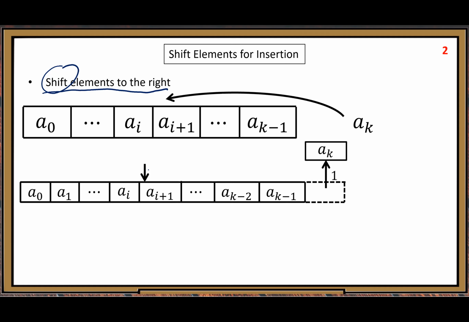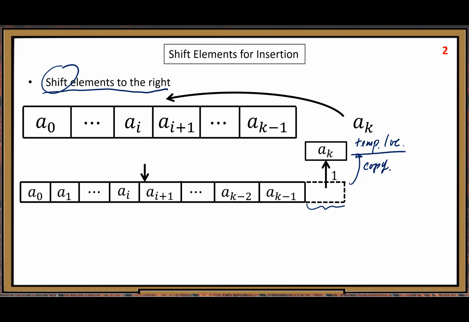To do it, A sub k in the original given array, before the insertion, is in this location. But we need to lift it up. That means we make a copy to another variable location, a temp variable location.